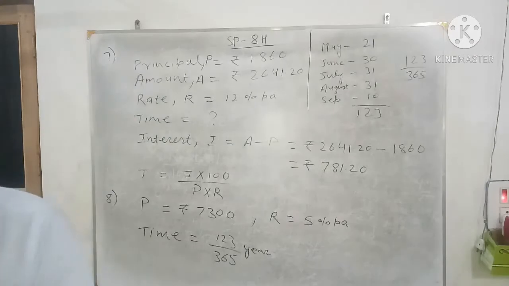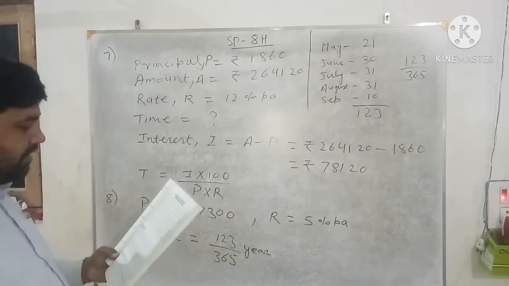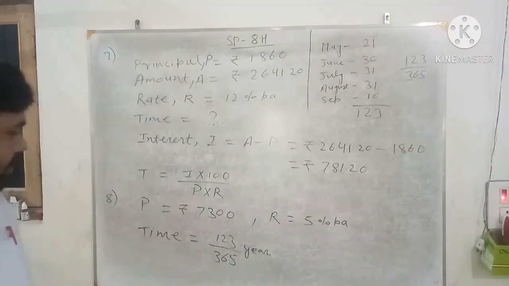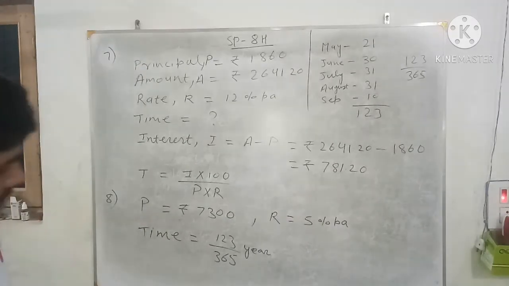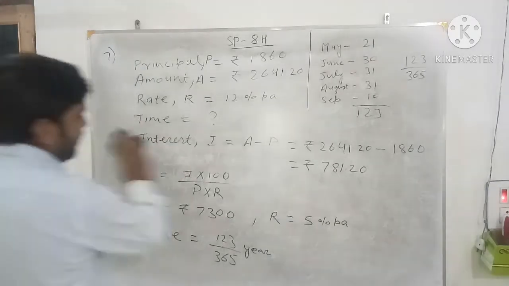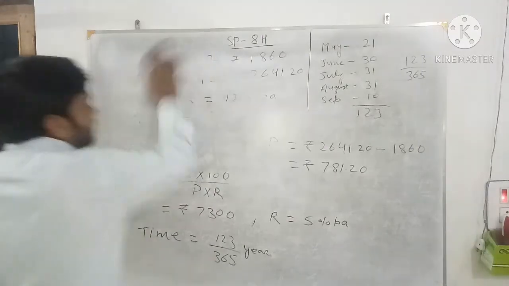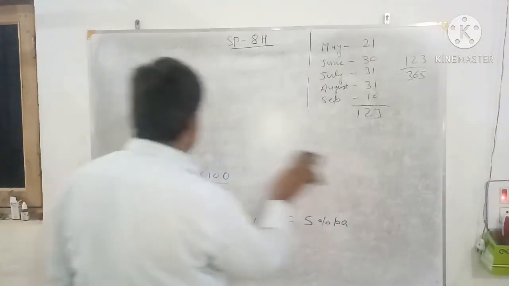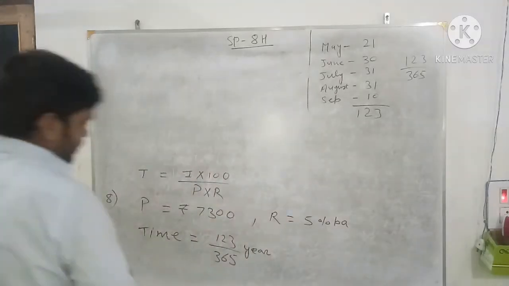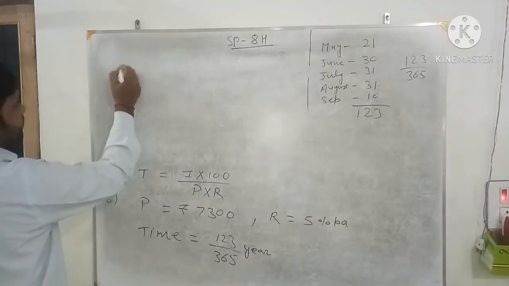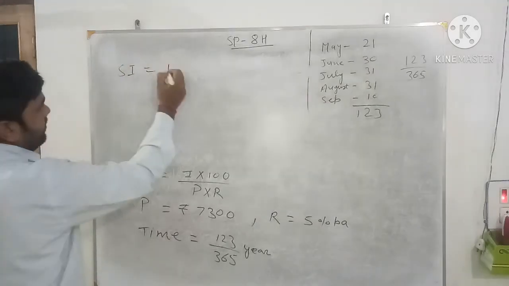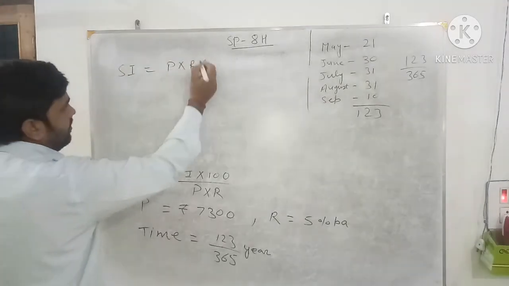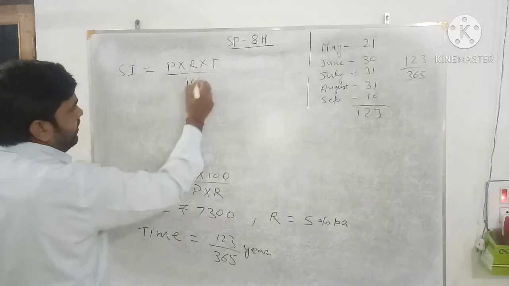Now you have to calculate the simple interest. Now all the data we have, so we put it into the formula. The simple interest is P into R into T by 100.